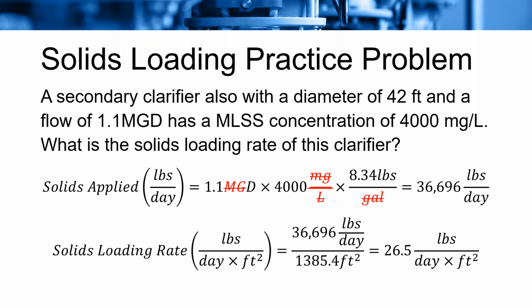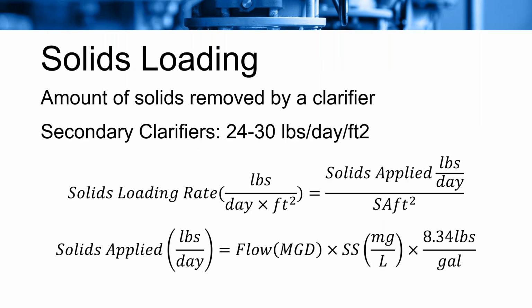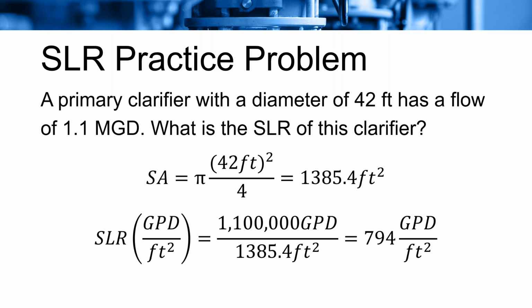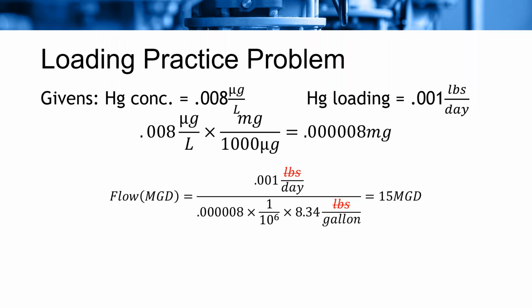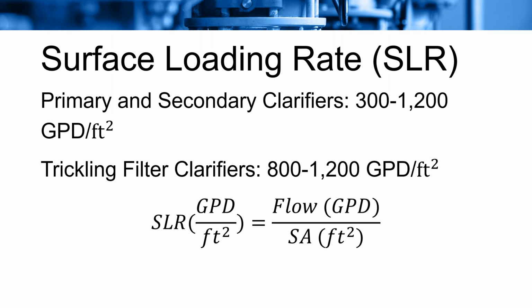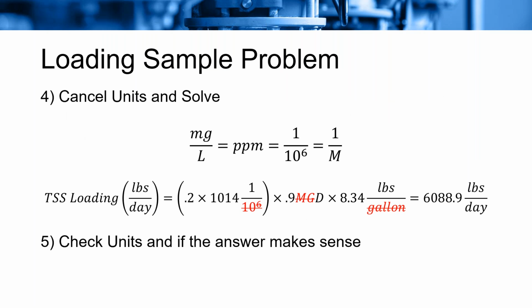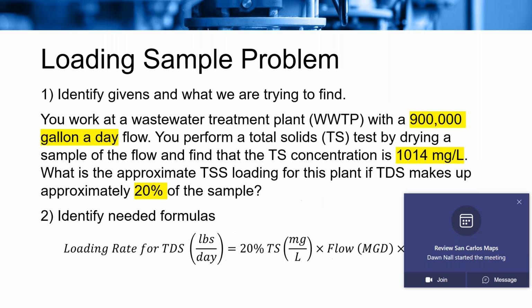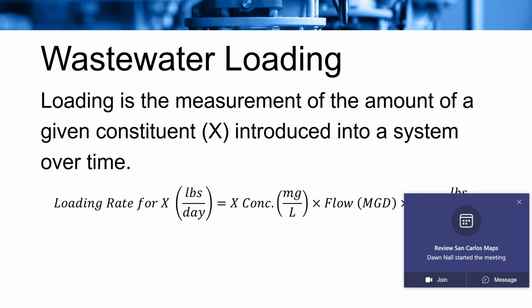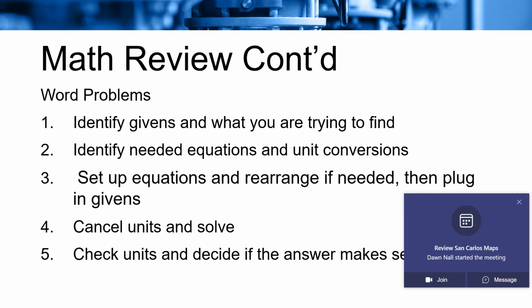All right, and then our last question had to do with one of the first problems where we had the TSS TDS issue, and there was a question about the conversion there, specifically turning parts per million into 10 to the negative 6.